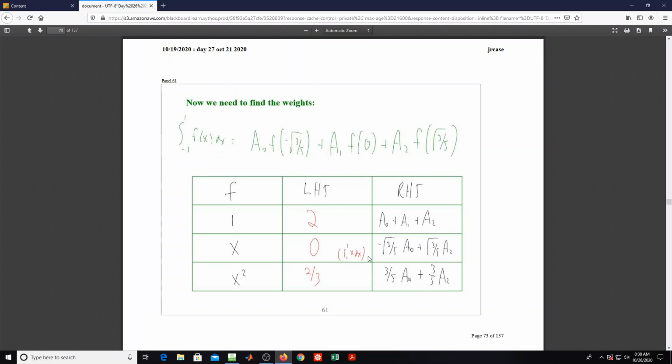So I put in my negative square root of 3/5, 0, and square root of 3/5 into these functions, then evaluate, set those equal to each other, and that will find my weights. Why does it have to be exactly equal? Because I want them to be exact on 0, 1st degree, and 2nd degree polynomials. But it turns out it's actually exact up to quintic. Exact up to quintic, yeah.